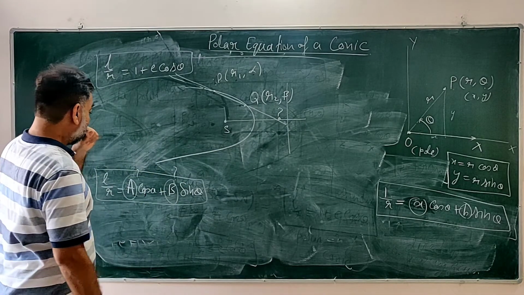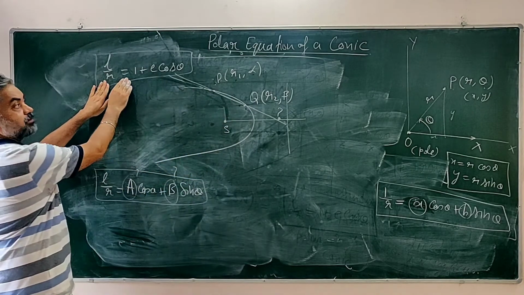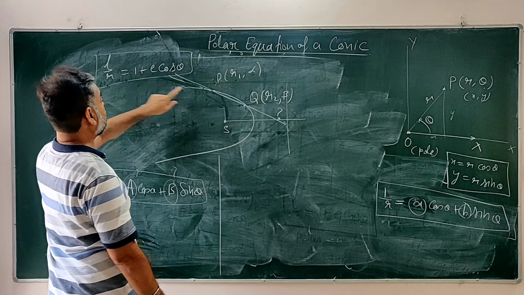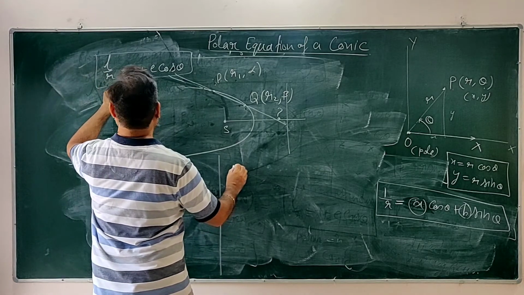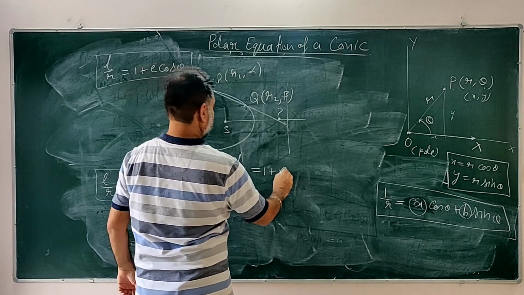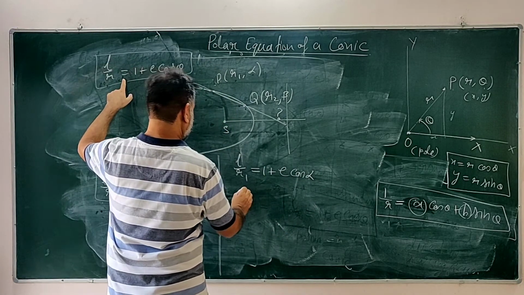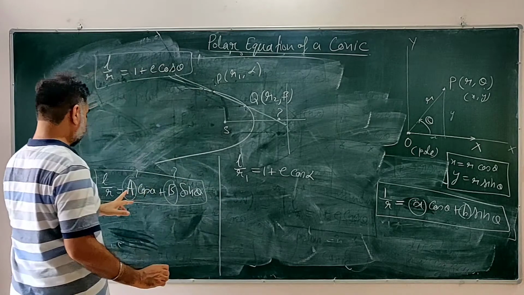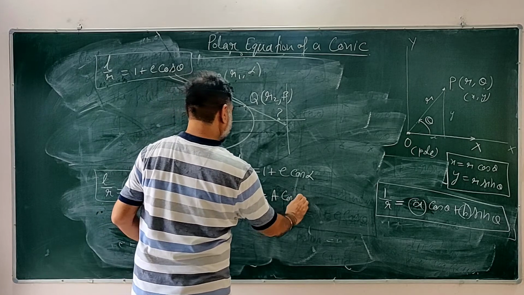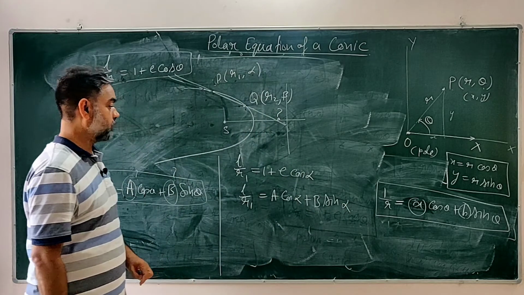Now observe that points P and Q lie on this conic as well as on this line. Since point P lies on this conic, you have L over R1 is equal to 1 plus E cos alpha, and also this point lies on this line, so you have L over R1 is equal to A cos alpha plus B sin alpha.